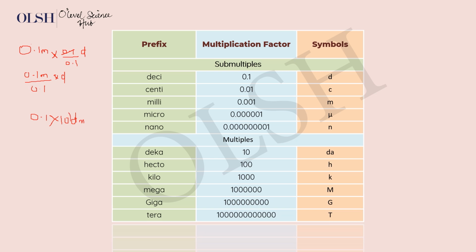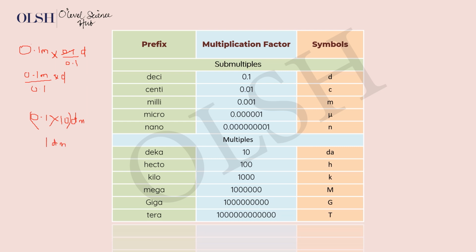The same as doing this: this 0.1 is 10 raised to the power minus 1. We move it up, it becomes 10 raised to the power 1. So this is what we have, 0.1 times 10. Of course, this is 1 decimeter.